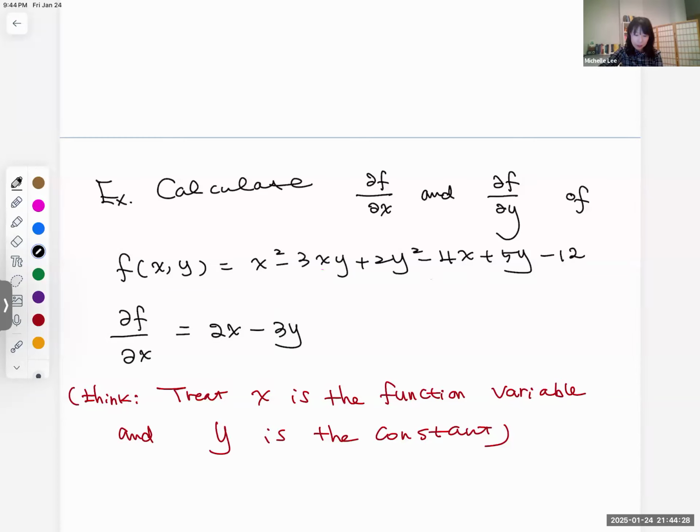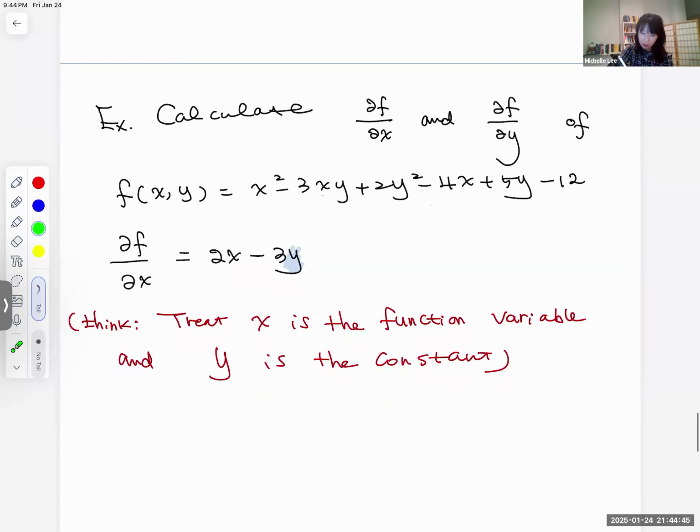Okay. Y is constant. Now we have a plus 2y squared. Y is constant. We want the derivative. So think 100 prime. What do you get? Y is constant, right? 0, right?